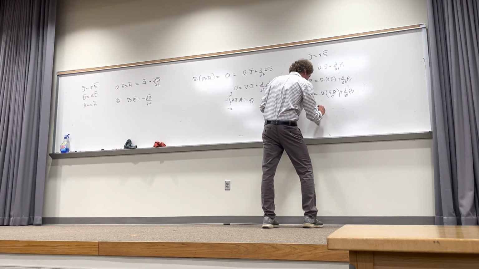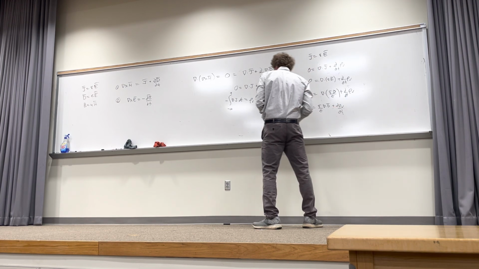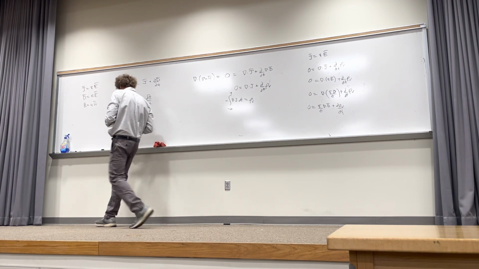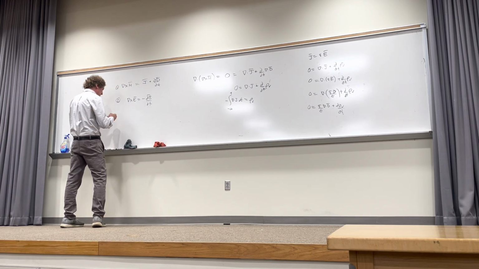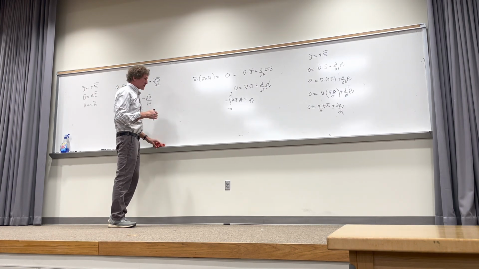So I have sigma over epsilon divergence of D plus the partial of rho V with respect to t. Why do you think I put that divergence of D there? Anybody? Exactly. Now we're talking, right?